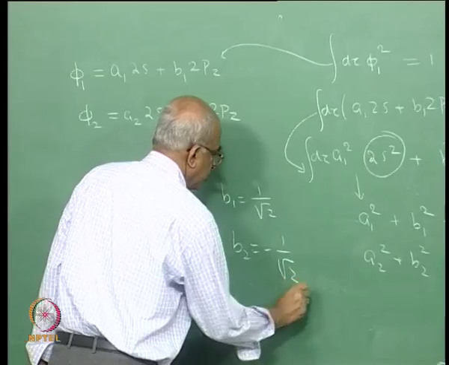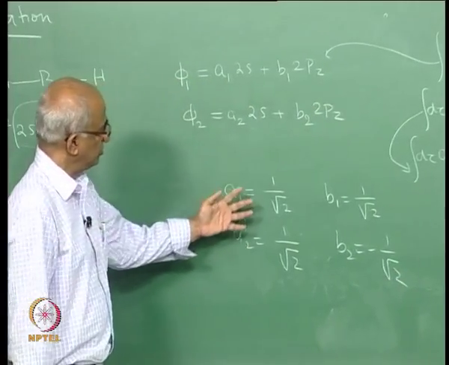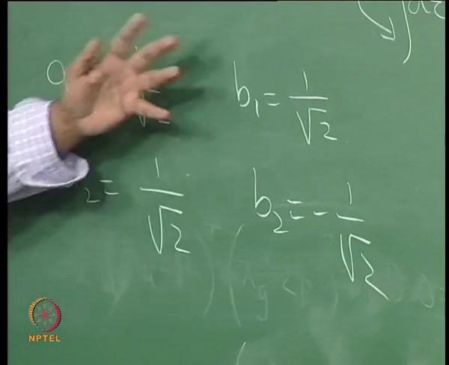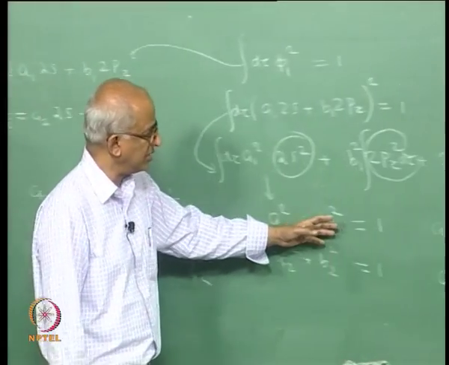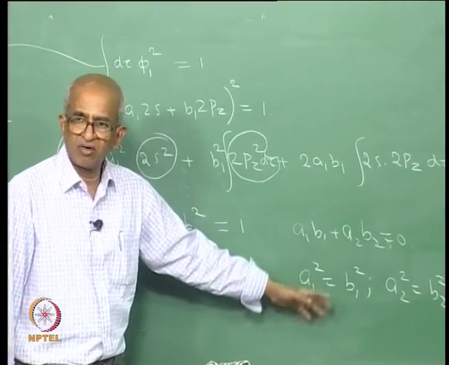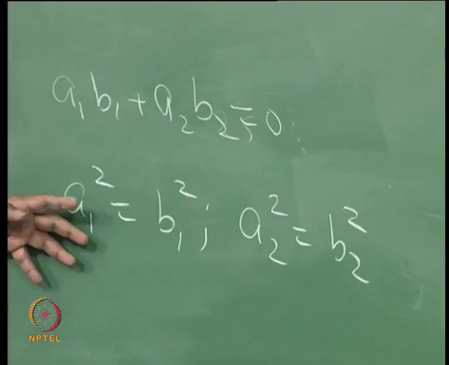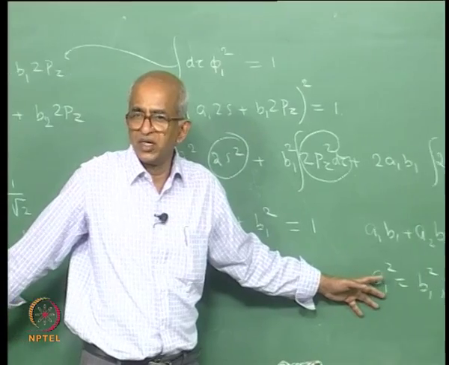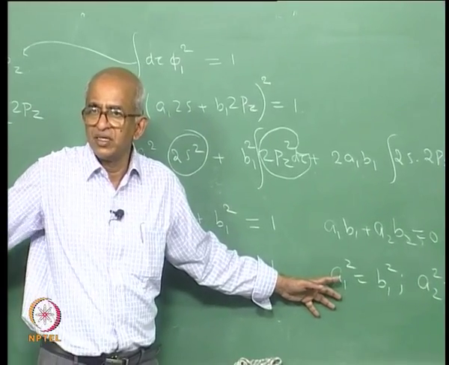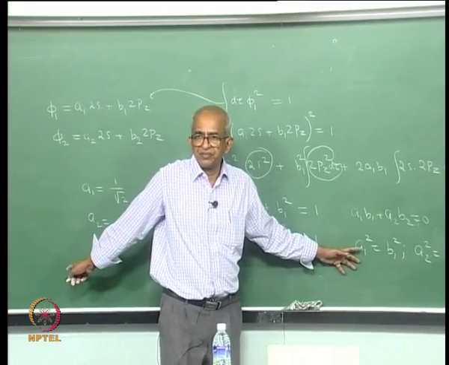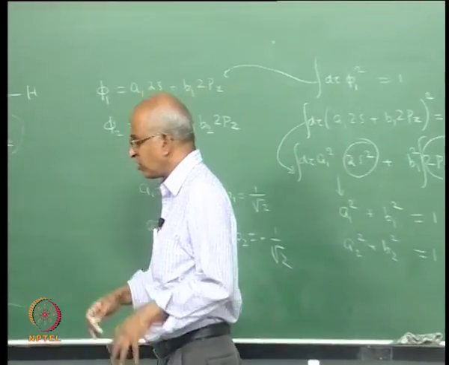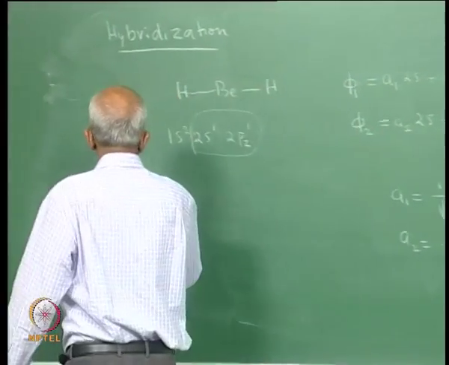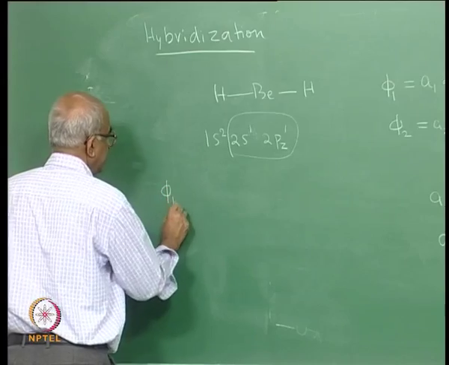The easiest thing to do is this: I claim that these are the solutions, and you can substitute these values in here and see that these equations are satisfied if I choose a1, b1, a2, b2 to have these values. And therefore, I have found two hybrid orbitals. What are the hybrid orbitals? The first hybrid orbital is phi 1.